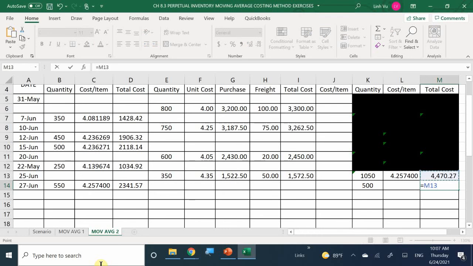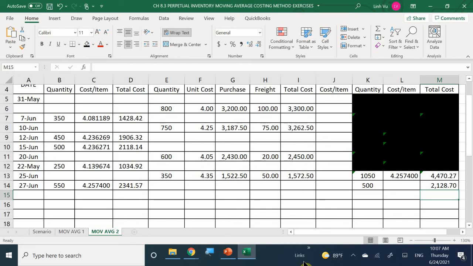So then what is my new total cost? 2128.70.